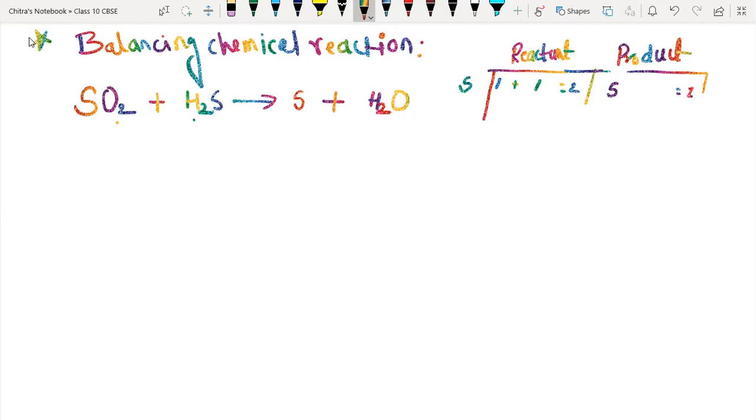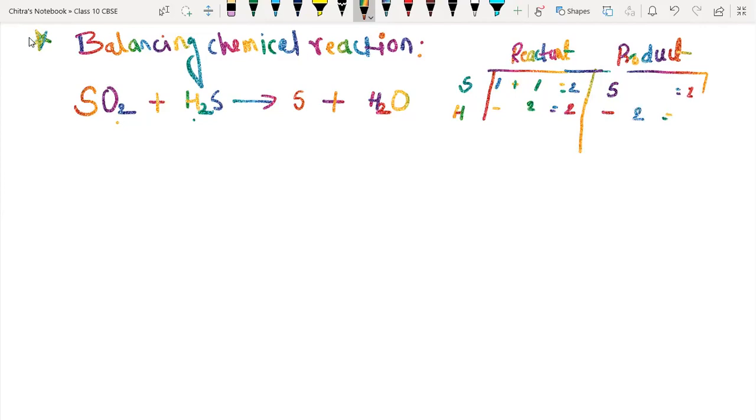Okay, then the next atom I am going to use is hydrogen. In the first reactant we do not have hydrogen, so leave it. But in the second we have two hydrogen. So the total number of hydrogen on the reactant side is 2. On the product side, in the first product we do not have any hydrogen, but in the second we have 2.